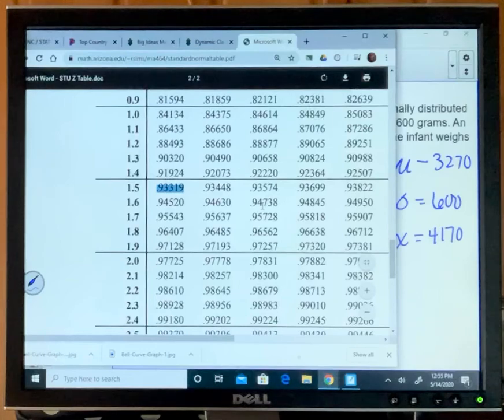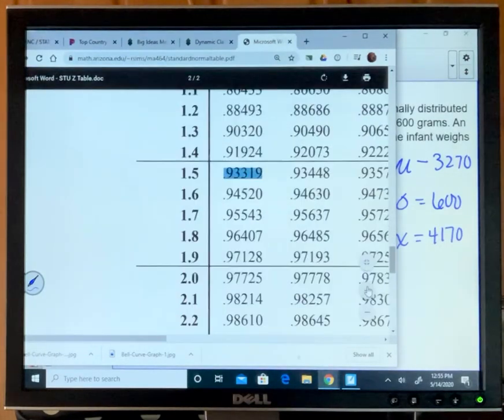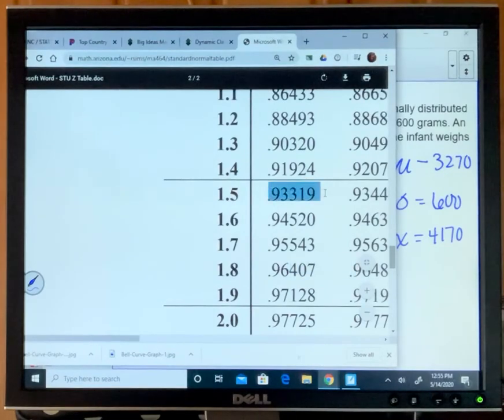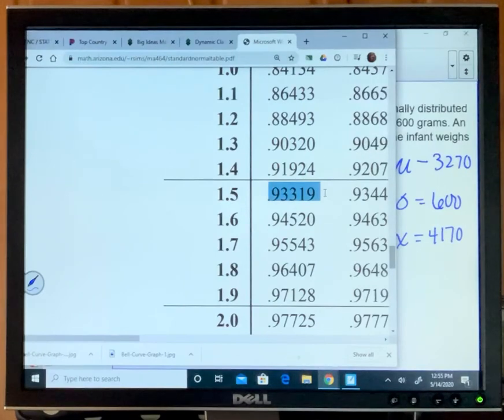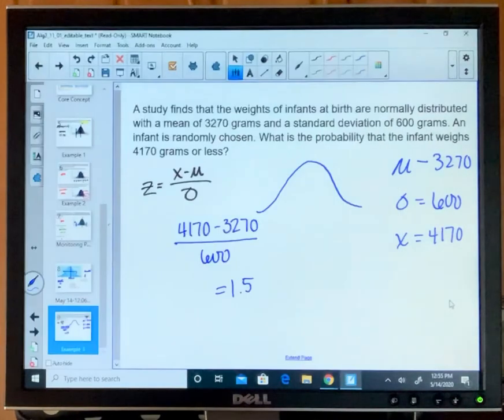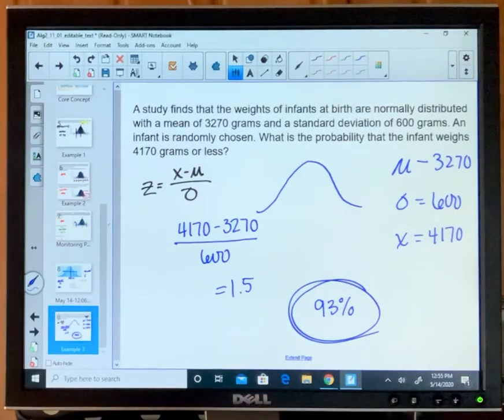So what is the probability that they score here or less? If you're at 1.5, you're in the 93rd percentile. So 93% of the time, you would find a baby that weighs less than or equal to 4,170 grams. It's kind of cool, huh?